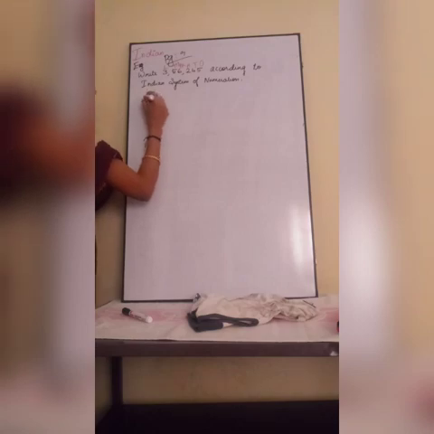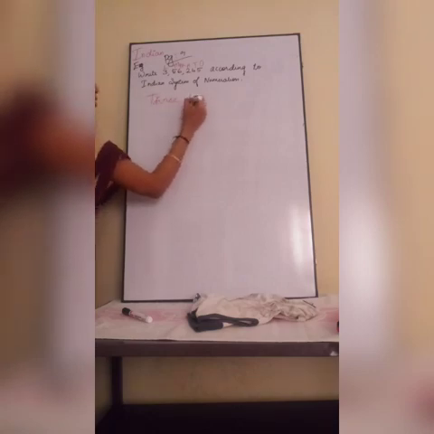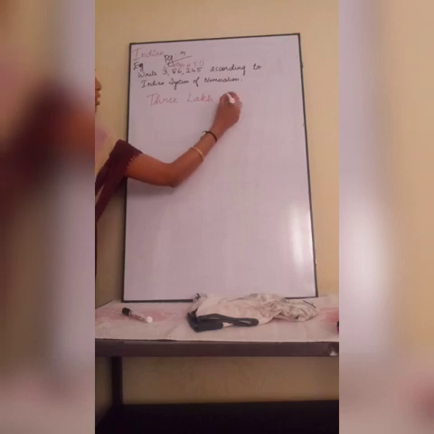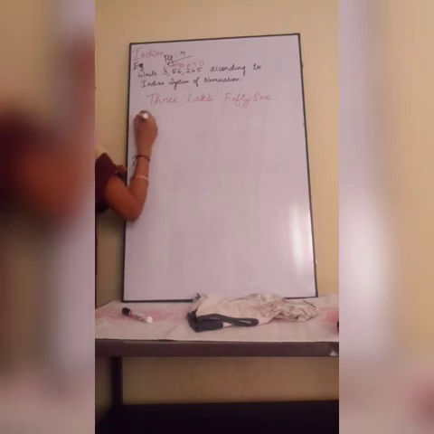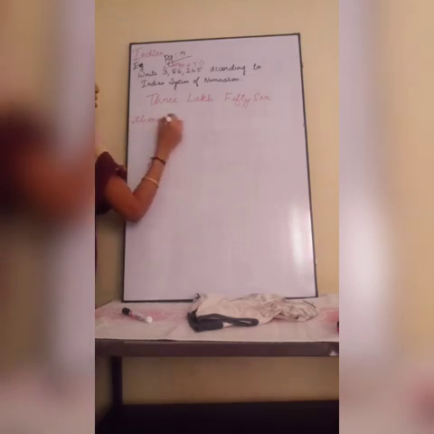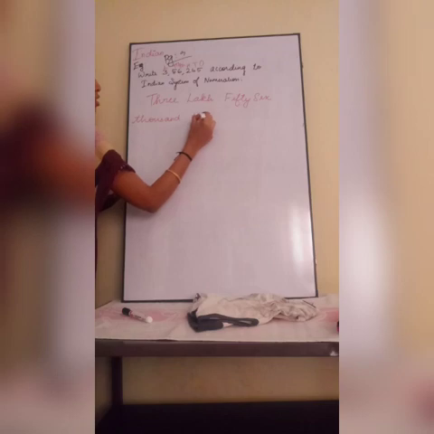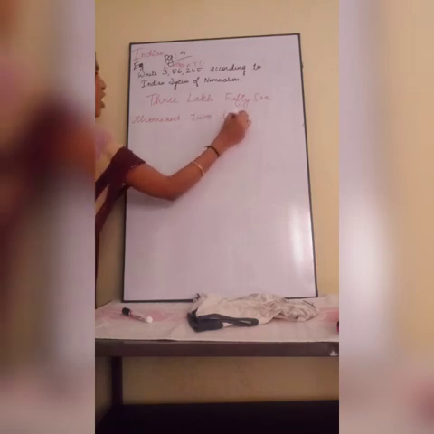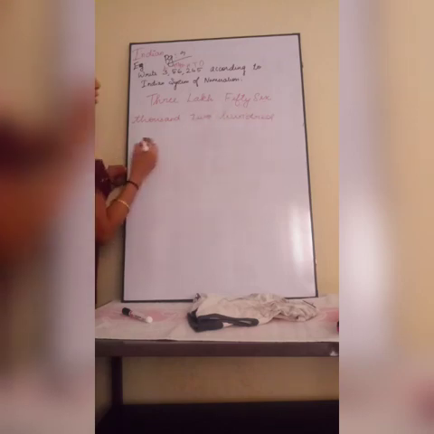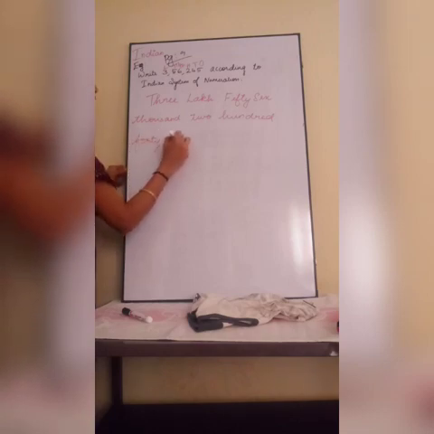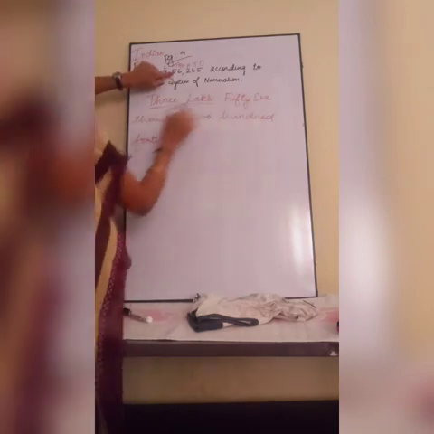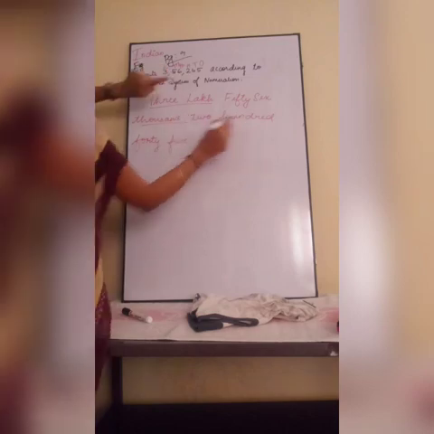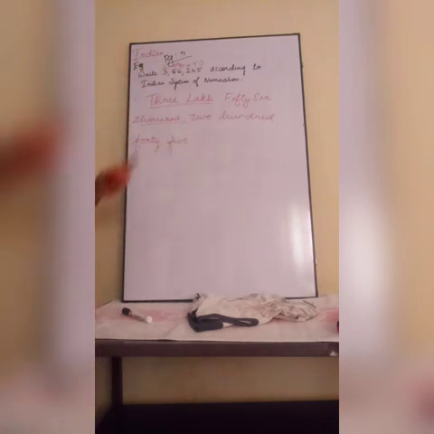Okay, 3 lakh 56,245. Okay, so here 3 lakh, then 56,245. Did you understand how I am writing this?